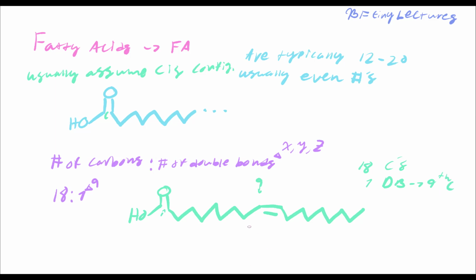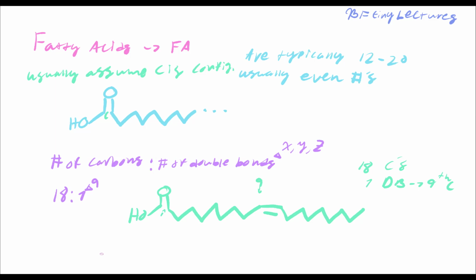It is not on the 10th carbon, no. It is on the smallest number, so it is on the 9th carbon. If I had 20 with three double bonds, at 9, 12, and I don't know, 15, then you would have a different structure.